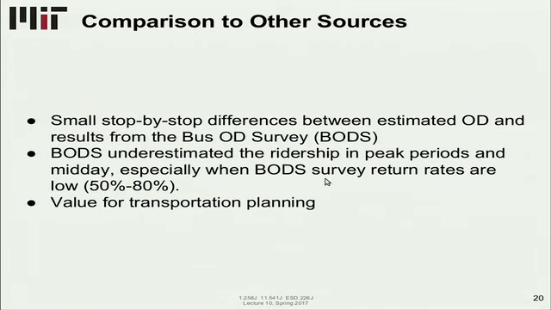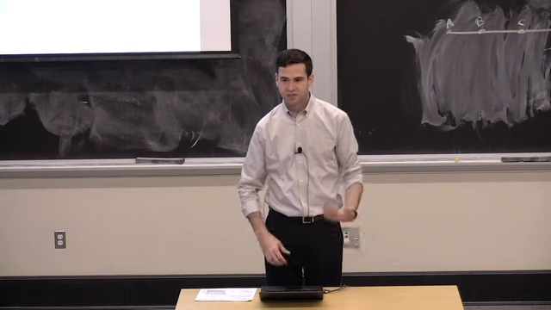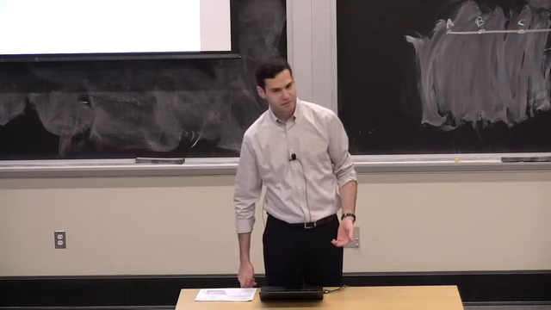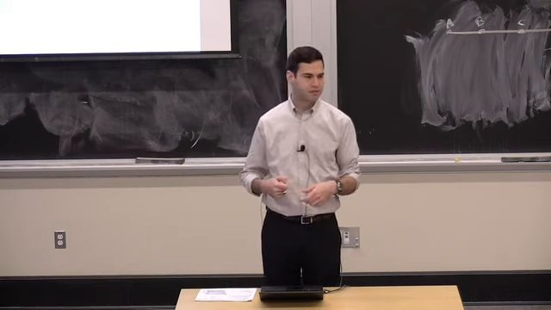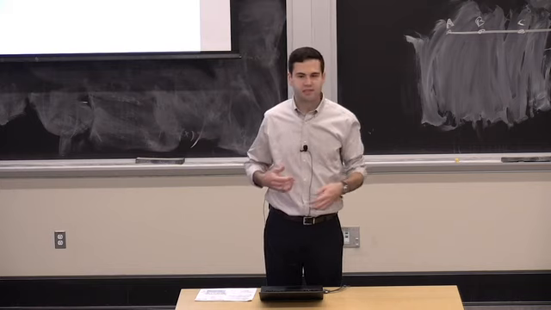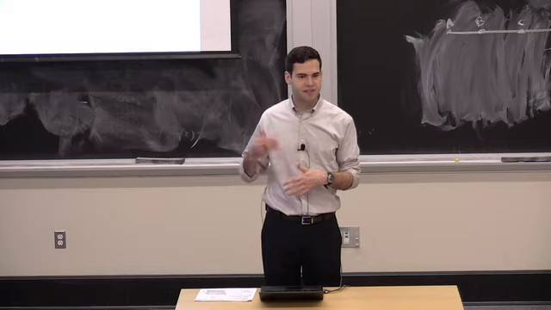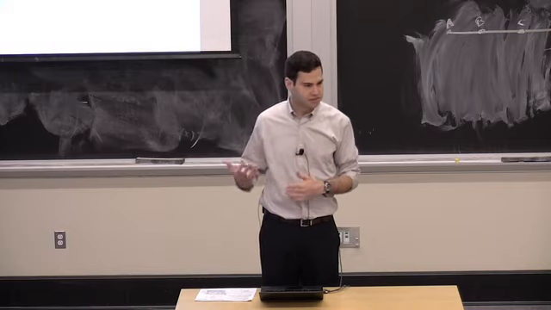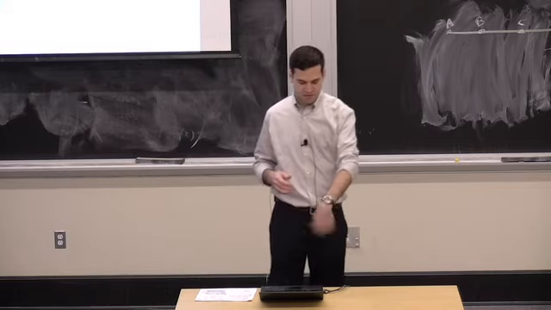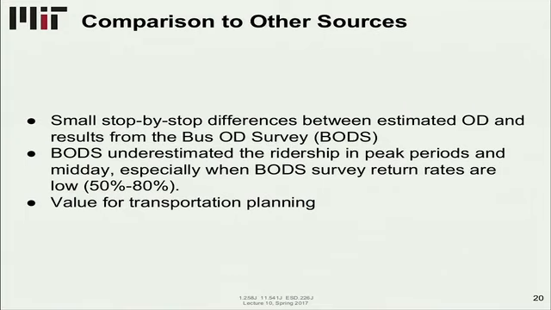Sometimes the bots' return rates were low. We saw some of the reasons for biases in manual surveys. If it's a very full bus, people are less likely to return a survey. Or if you are a person who is getting off at the next stop, you are less likely to answer the survey. But it was, of course, subject to those biases. And essentially, the people who were doing this validation were happy with the inference method.